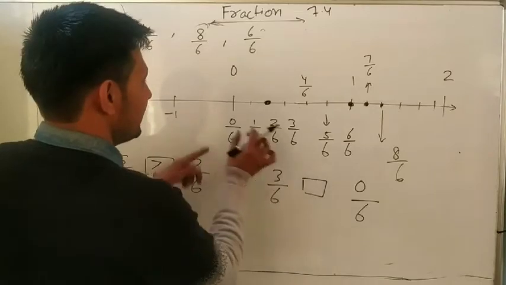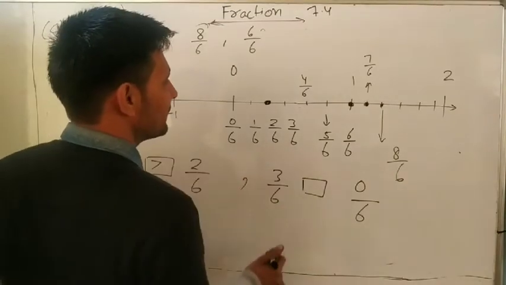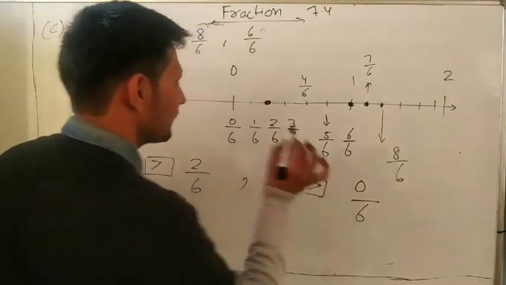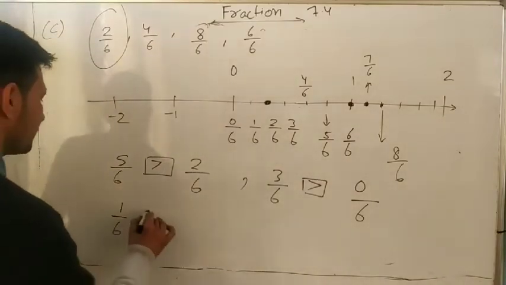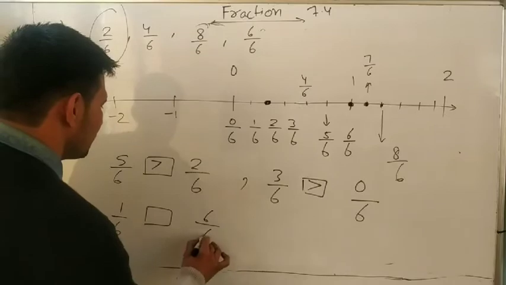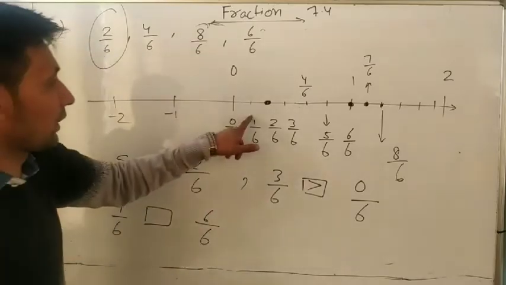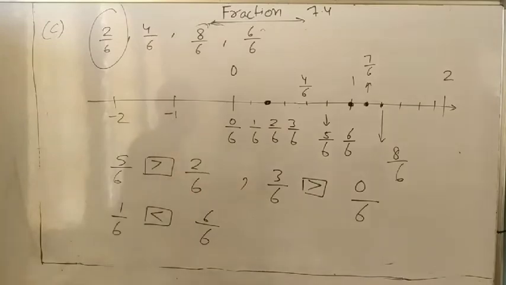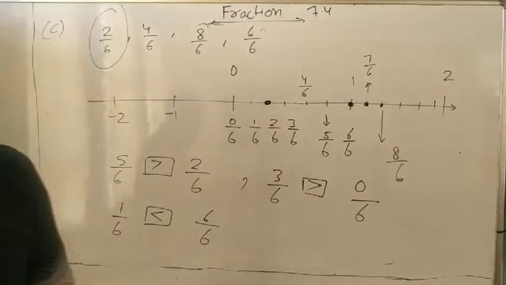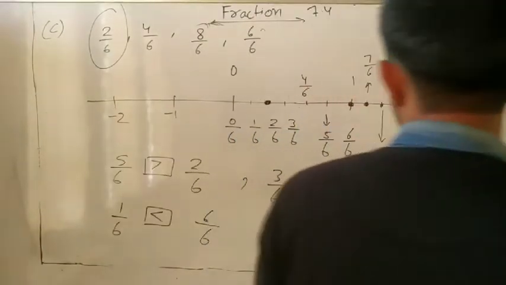So it is 0 by 6 and 3 by 6. Which one is greater? 3 by 6. Next is 1 by 6 and 6 by 6. Which one is greater? 1 by 6, 6 by 6. The next part you will also do yourself. Okay, next is question number 2.